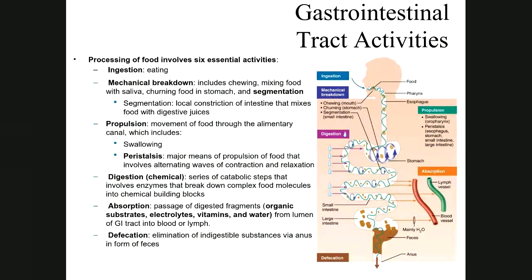Propulsion, which is movement of the food through the alimentary canal, which includes swallowing and the peristalsis movement, which is the distal movement, which means propulsion of the food that involves alternating waves of contractions and relaxation.